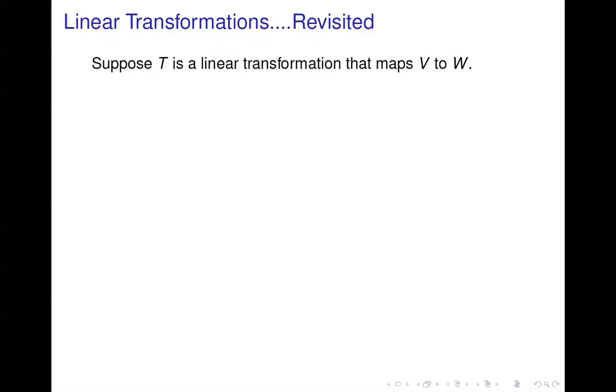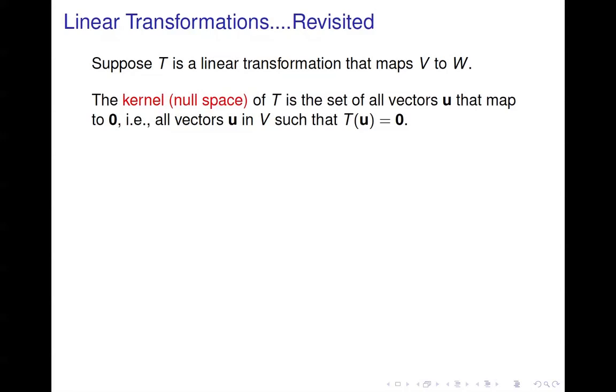Let's revisit the concept of linear transformations for just a bit. And this is again back to chapter 1, where we talked about linear transformations. One new term that we didn't learn back in chapter 1 was the idea of the kernel of a linear transformation.